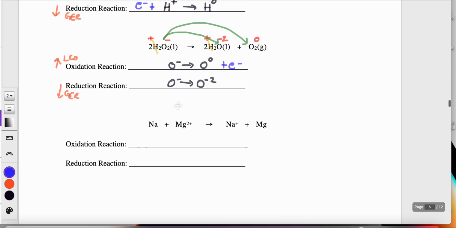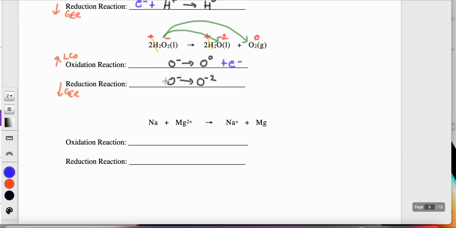In the reduction process, my left's total charge is -1, the right is -2. -2 is a bigger value, or going down, so I need to bring the -1 more reduced. So I have to add an electron to the left-hand side. So -1 plus -1 equals -2, and I already have a -2 on the right-hand side.